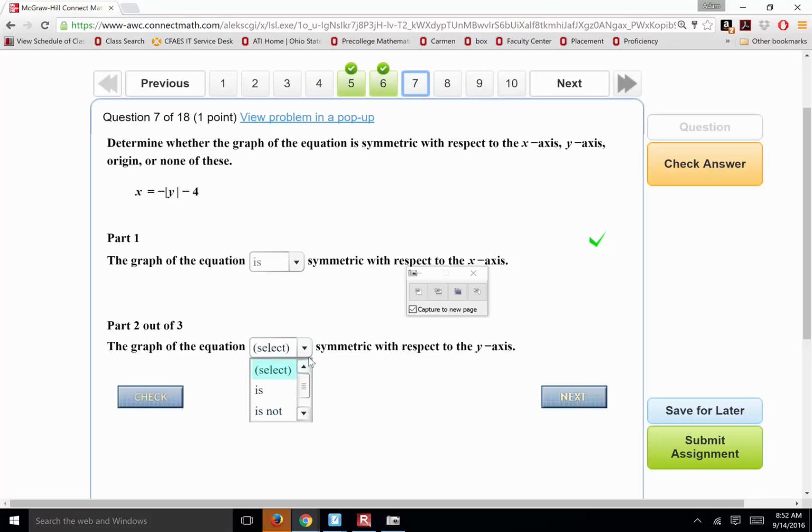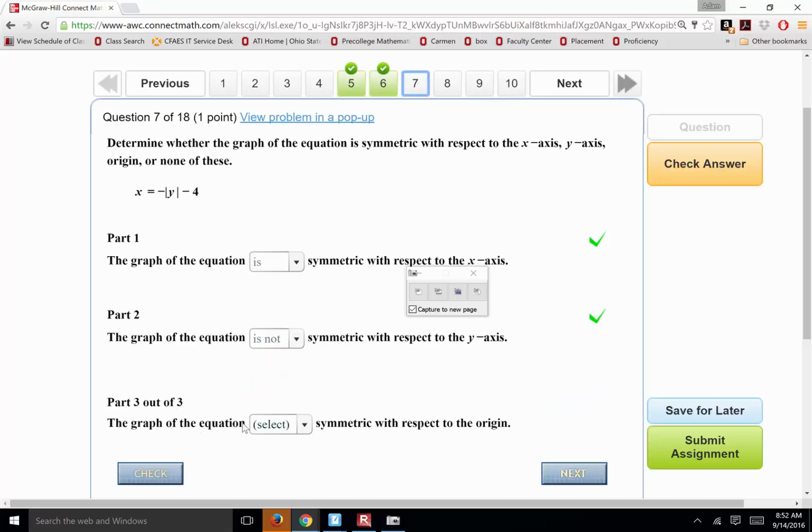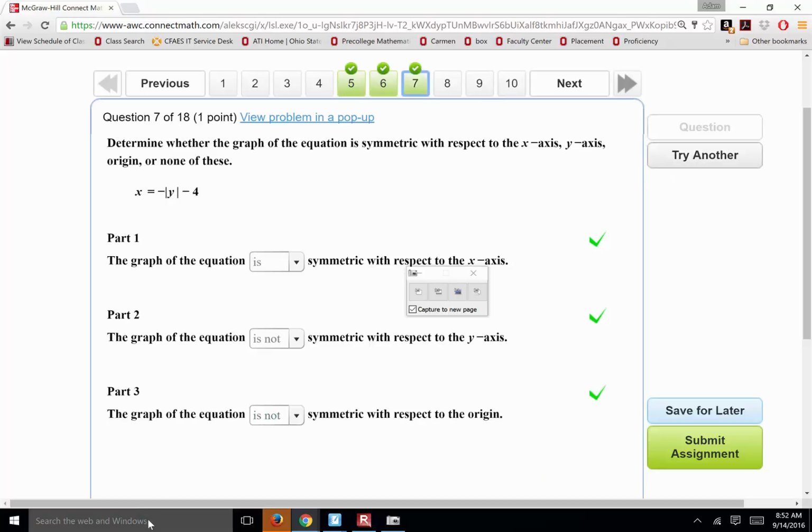So this is not y symmetric, and it's not origin symmetric either, because when you flip x and y at the same time, this stays the same and this is opposite. If you flip sides, it's still not going to work. Okay?